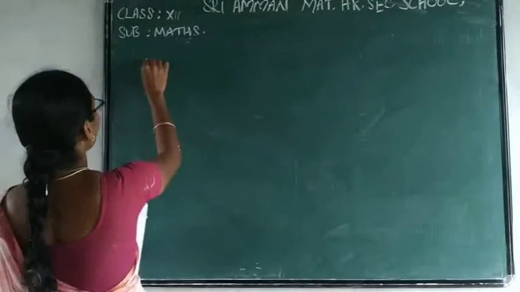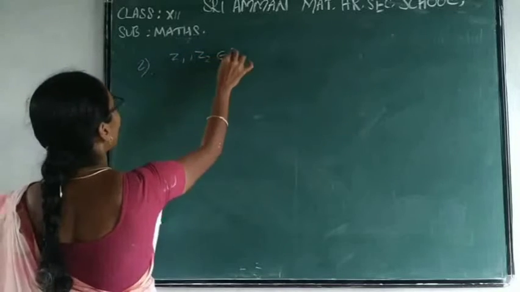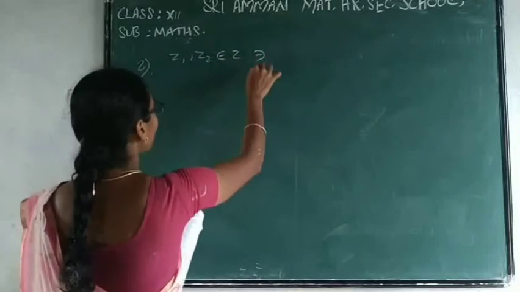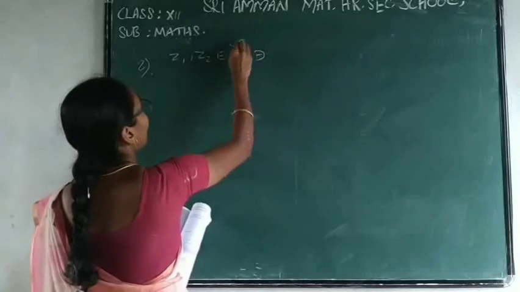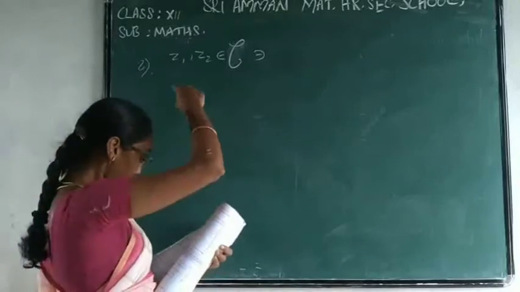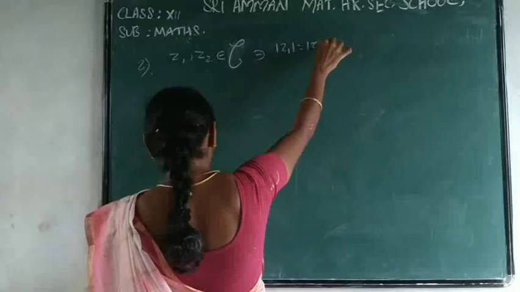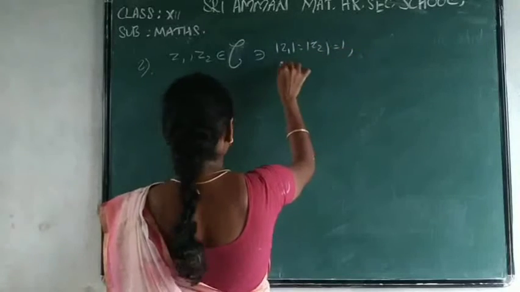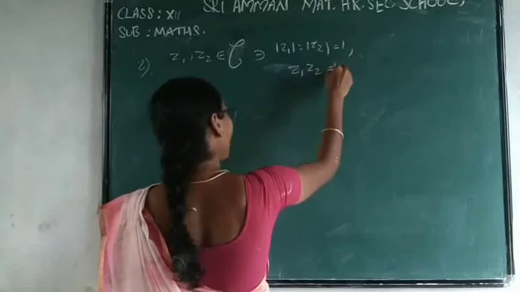I give the hint for this question. z1, z2 are complex numbers that satisfy modulus of z1 equal to modulus of z2 equal to 1 and z1 z2 is not equal to minus 1.